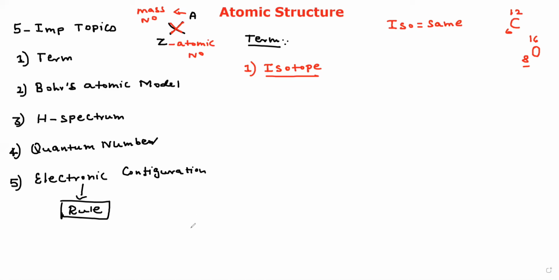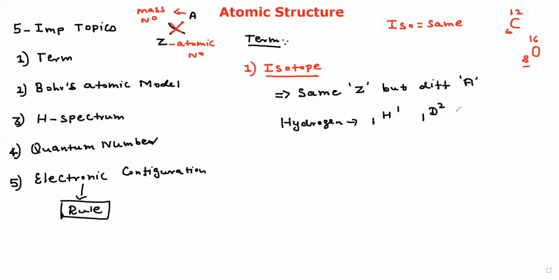Please note, same atomic number, same Z value, but different mass number, different A. For example, I take the hydrogen atom. For hydrogen there are 3 isotopes: protium, 1H1, deuterium, 1D2, and tritium, 1T3.